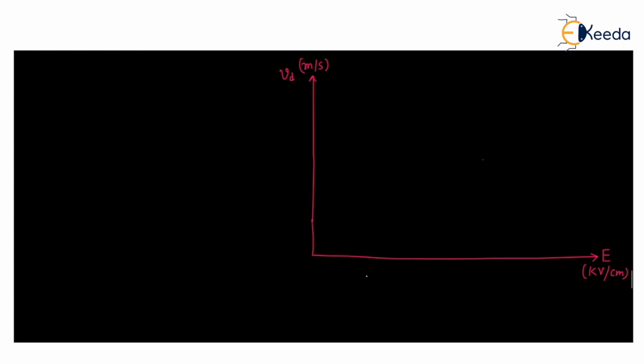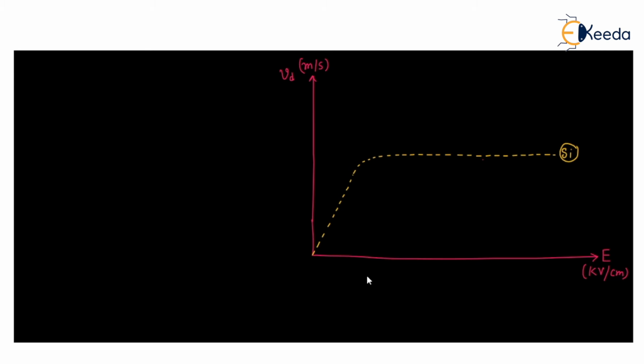Now this plot, we will plot for different materials like this. If we plot the drift velocity and the electric field for silicon, we know that it will look like this. It will increase linearly first, then at some value of electric field, the value of Vd will become constant. So this is for the silicon material.